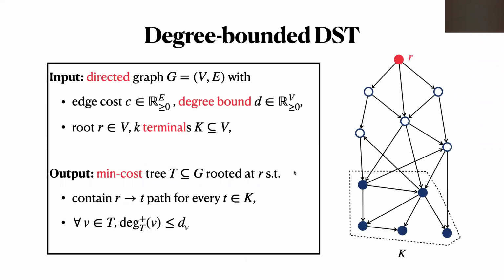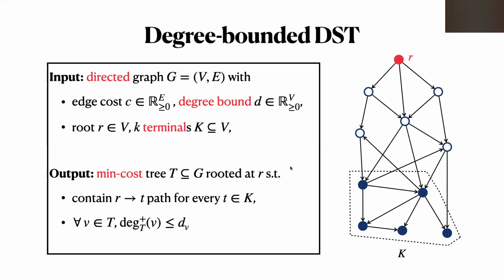Let's first give the formal definitions of the two problems. The degree bounded DST problem is defined as follows. Given a directed graph G as input with edge cost C and degree bound D. And in addition, we are given a special vertex R as the root and a subset of K vertices, which we call terminals.